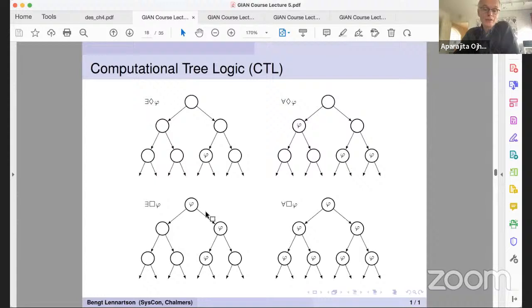Here, there exists one sequence where phi is always true, as I assume that if I continue here, phi, at least in one of these alternatives, will be true and repeat it further. So if you take one sequence and phi is always true, then there exists at least one sequence such that you have always phi. And here we had the fact that if you take all sequences, you always have phi.